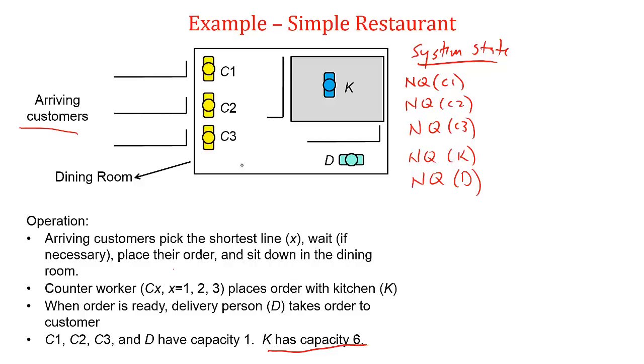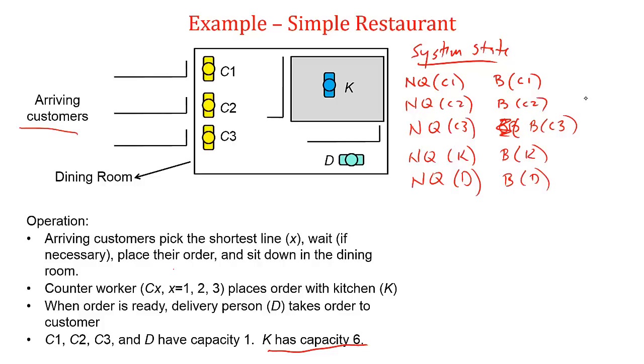Now, in terms of the corresponding servers, we are going to designate that with a B. And so we'll have BC1, BC2, BC3, BK, and BD.